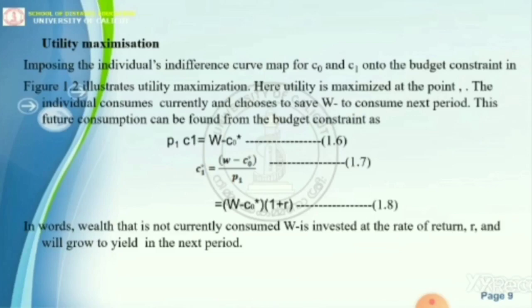In words, the wealth that is not currently consumed is invested at the rate of return R and will grow to yield that amount in the next period. In simple language, we can say that the presently foregone consumption income is serving as a future investment, right?